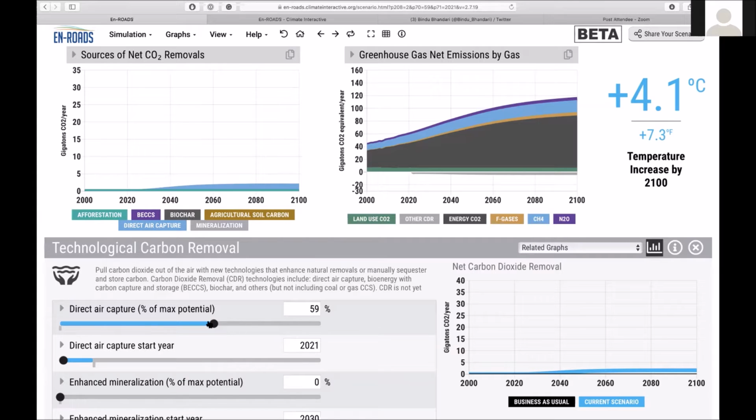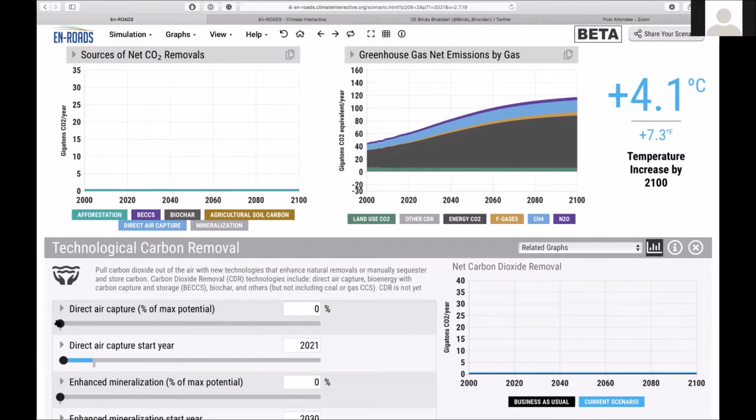So if I move the slider of direct air capture to the maximum, notice what happens to the temperature over here. So I set it to 100%, that is the maximum potential available. So notice the change again.